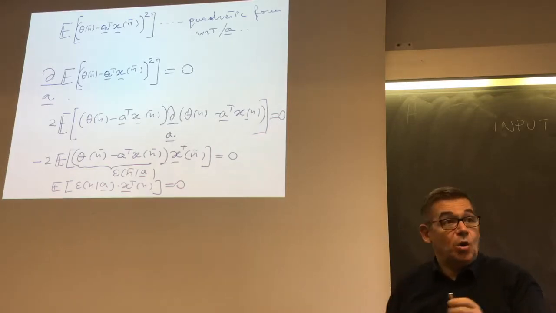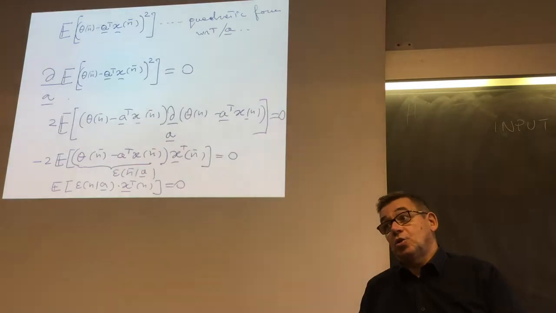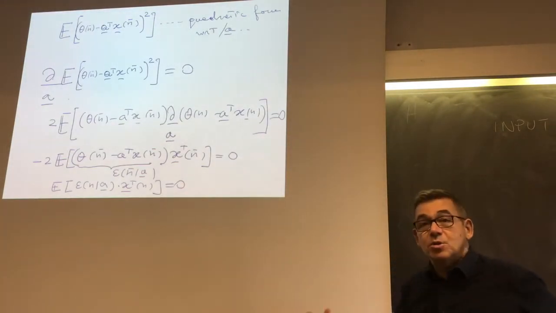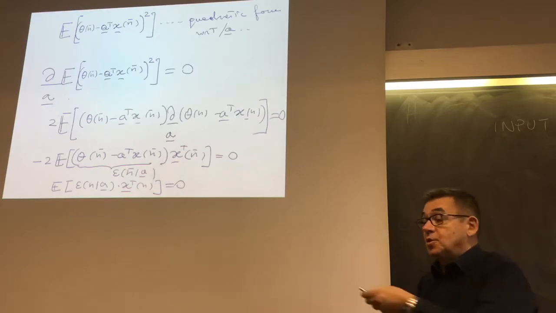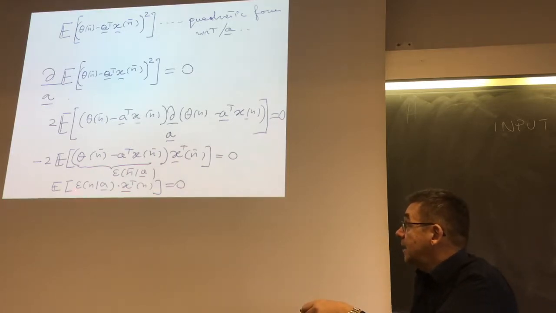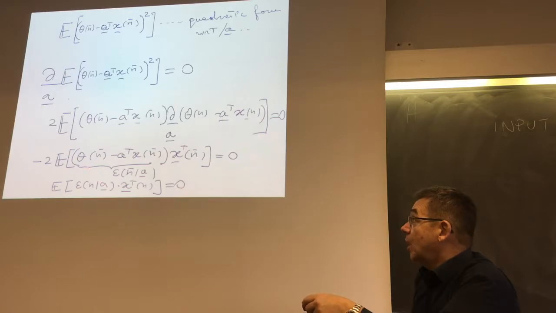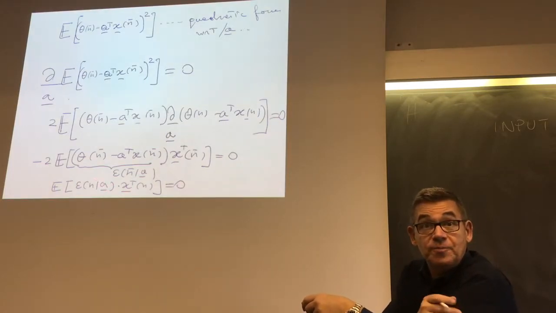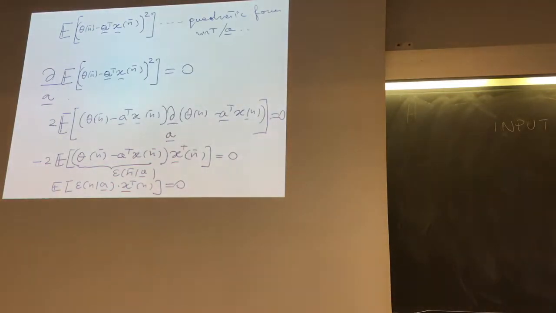This is called the orthogonality condition, or orthogonality principle. This is the most general one. It says that the estimator is obtained by setting the orthogonality condition between the error and x, which is the input. Because remember, the system is this way.